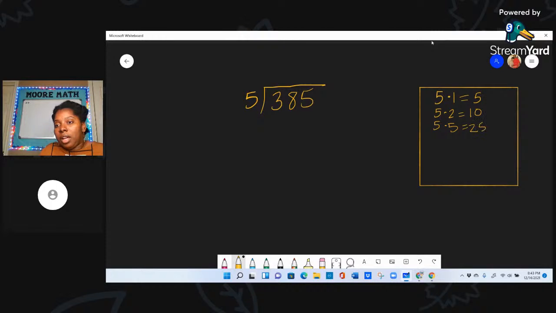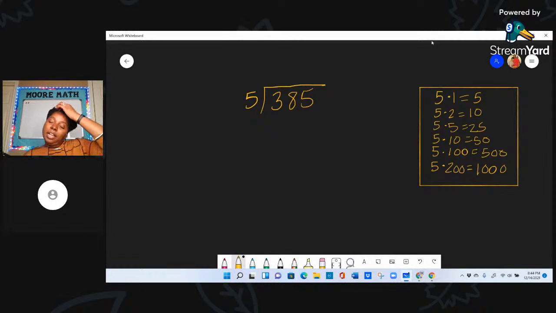Good. 5 times 10. 50. 5 times 100. 500. 5 times 200. 1000. Excellent. So now we have our think box. This is really going to help us.